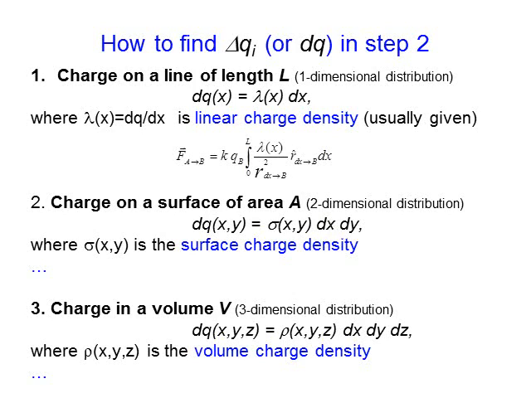You get a two-dimensional integration over dx and dy. Finally, when the charge is distributed over a volume V, you introduce a volume charge density, rho, that depends on x, y, and z. The integration over dq becomes the integration over dx, dy, and dz with an additional prefactor of rho.